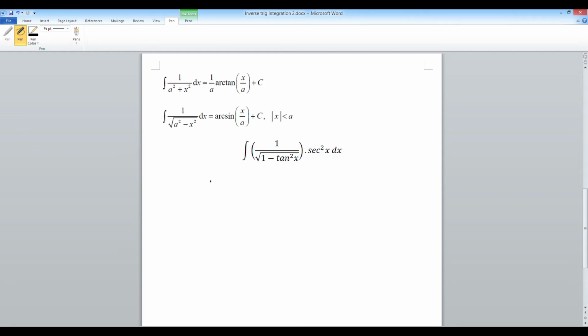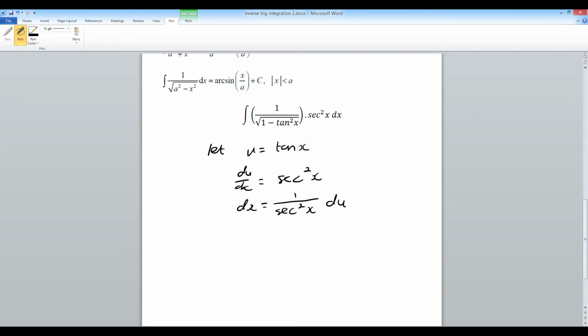I know that, so let u be equal to tan of x, because I know that the derivative du dx of tan of x is going to be secant squared of x. So if I make dx the subject, then it becomes 1 over secant squared of x du.